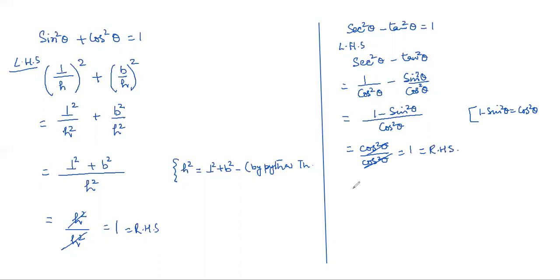Similarly, try yourself to prove that cosec square theta minus cot square theta is equal to 1. Prove it yourself.